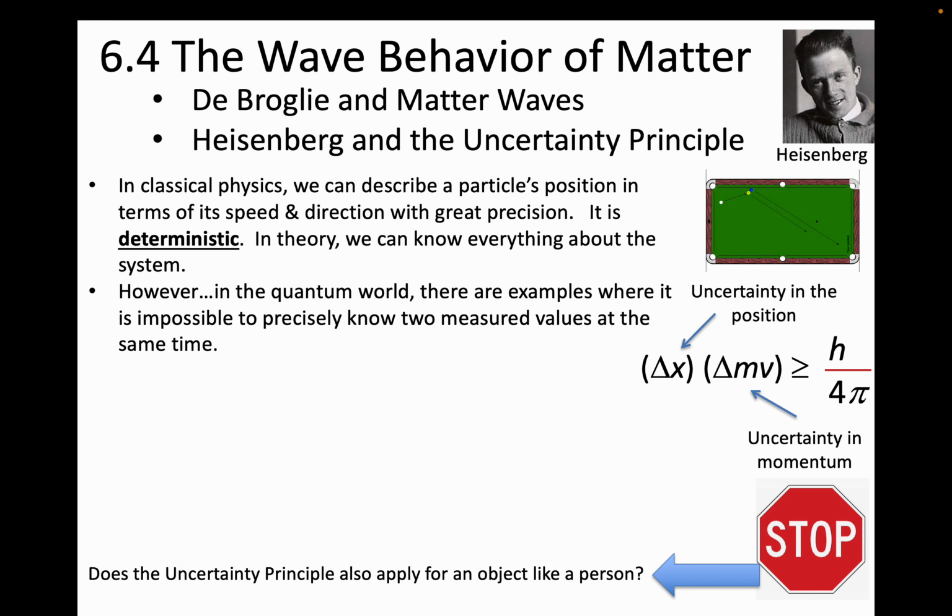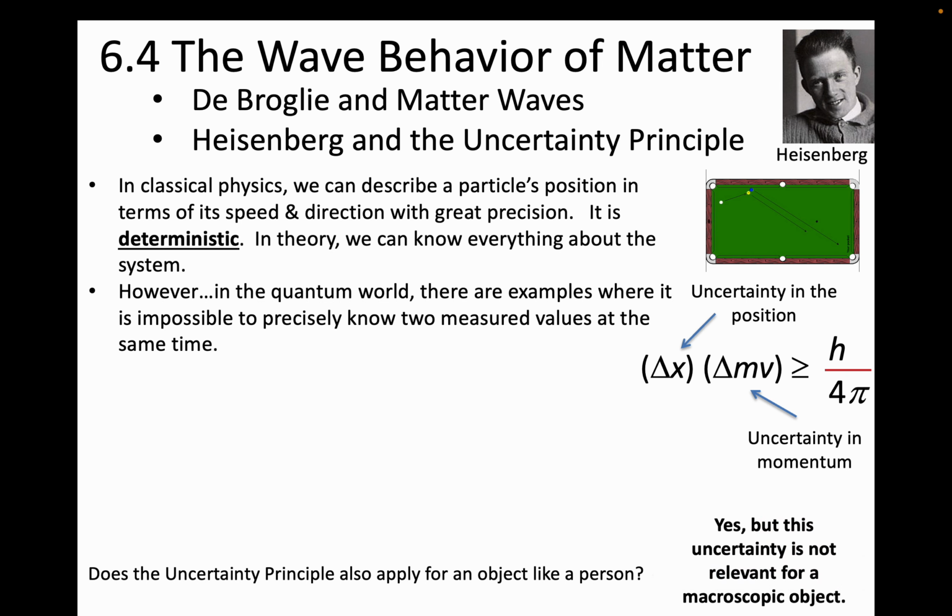So what do you think? Does the uncertainty principle also apply for an object like a person? If you were seeking to measure your position, would the Heisenberg uncertainty principle be relevant or not? The best way to answer that would be yes, there is uncertainty, but it is not going to be at all relevant for a macroscopic object like me or you.